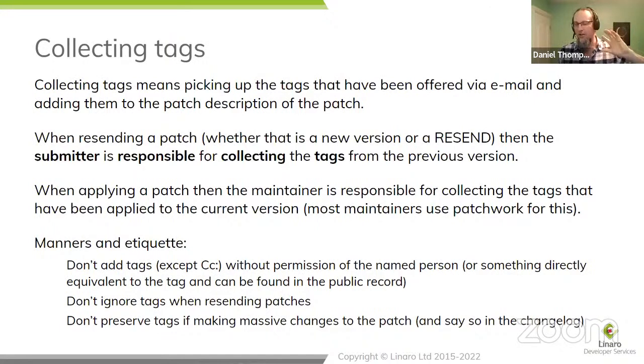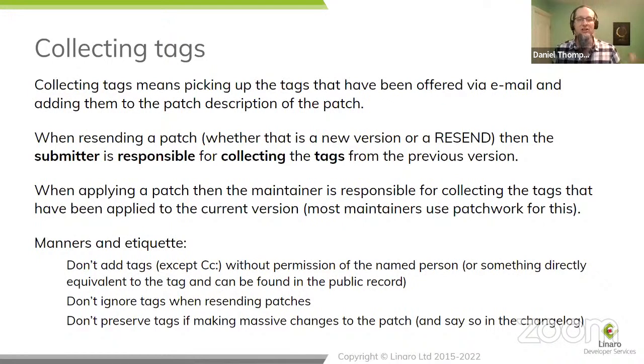One of the things that is a common beginner mistake when contributing to mailing lists is failing to collect tags. Collecting tags means finding all the tags that have been offered via email in reply to your patch and adding them to the patch description. So where you've put signed-off-by, somebody else will reply to your email and add a reviewed-by.